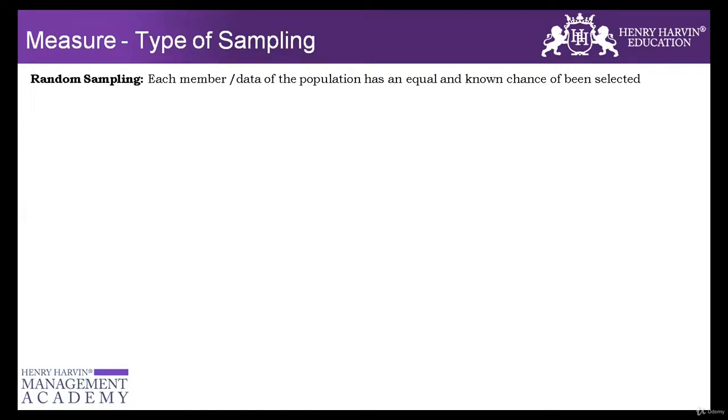So first of all, even before we get into the types of sampling, I just want to ask you a question. Why do you think sampling is required? Why can't we work on the entire population or entire data set that we have? Collecting the data for the entire population may not necessarily be feasible.